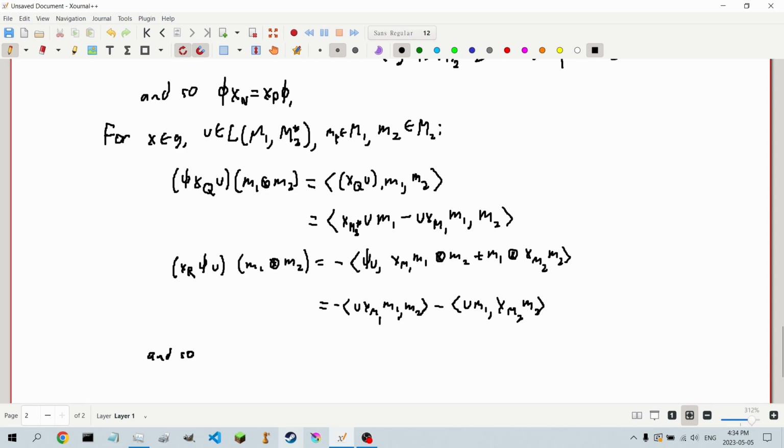And so CXQ equals XRC, and we are done. Because we have the top equals the bottom essentially by linearity. We've got to move this XM2 over to the other side, which changes the sign, but otherwise, yeah, everything makes sense there.